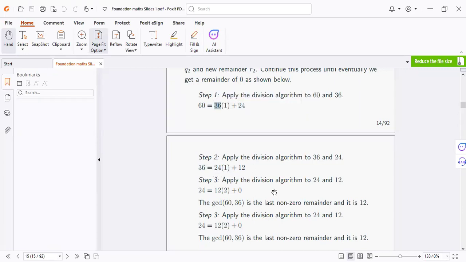We continue until the remainder is 0. And then the GCD becomes the last non-zero remainder, because this one is 0. So the last non-zero remainder is the GCD.